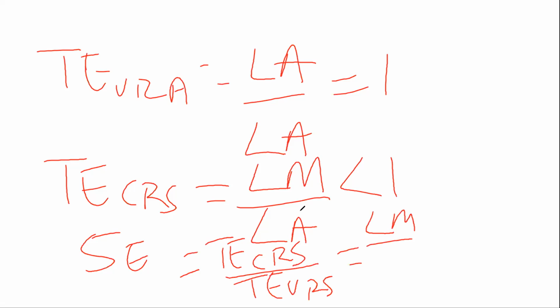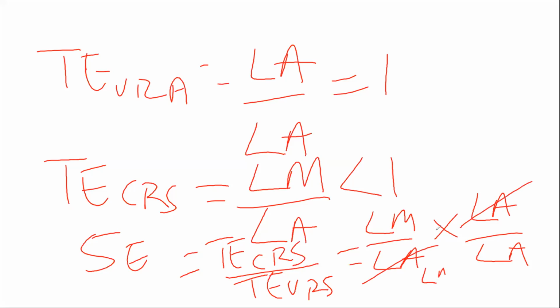LM over LA, and that is divided by its VRS. And remember, divided by is always, you can do multiplied and then swap the denominator and the numerator. So we can say multiplied by LA over LA. Now, LA will cancel LA, and we are left with LM over LA, which is the scale efficiency.